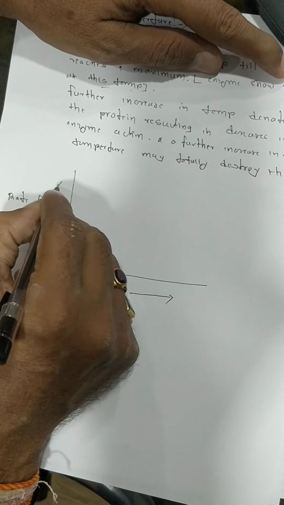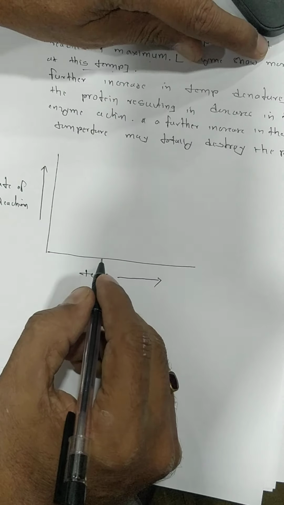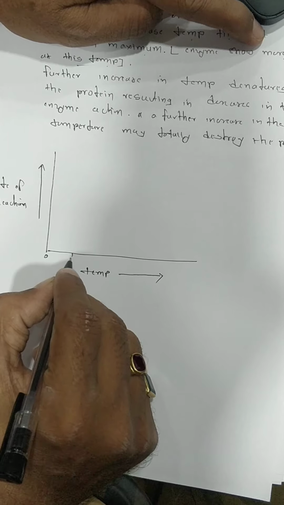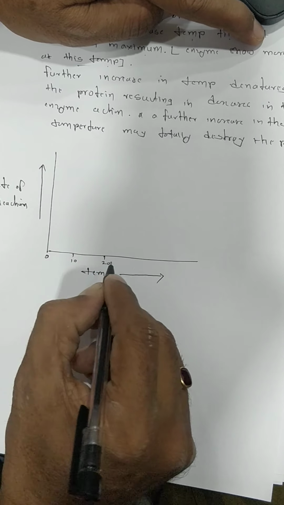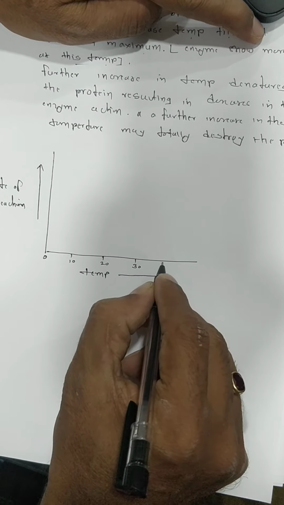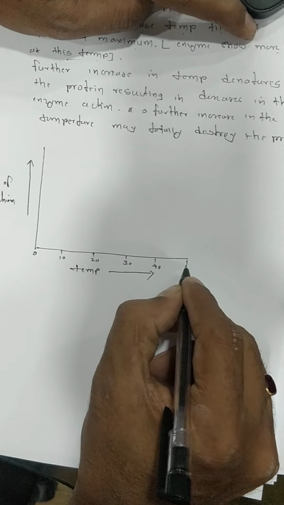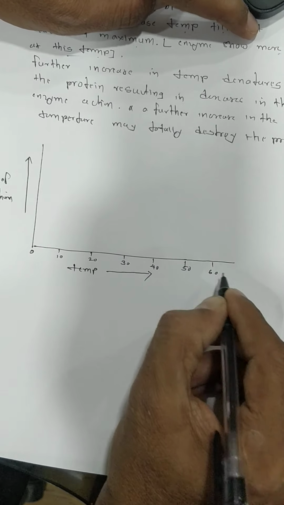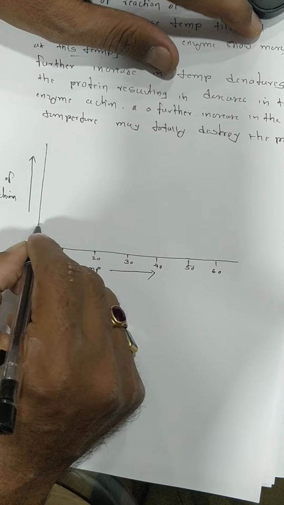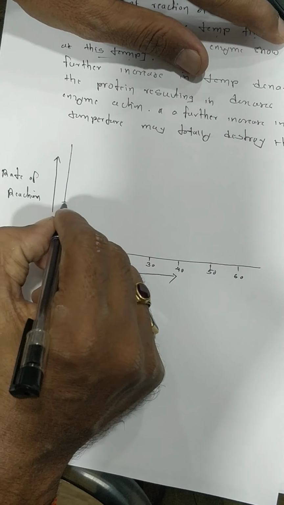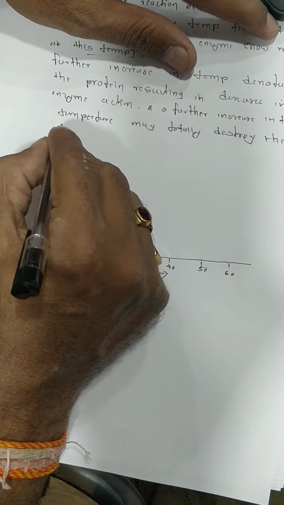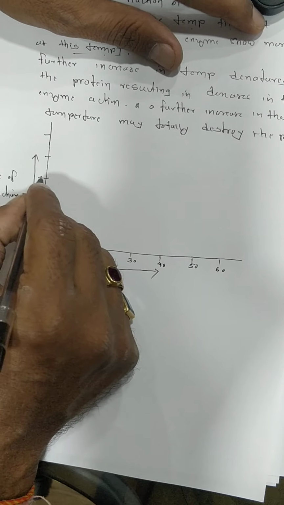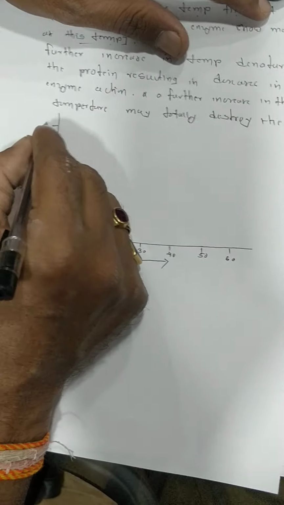The temperature axis is 0, 10, 20, 30, 40, 50, 60. The rate of reaction axis is 1, 2, 3, 4, 5.